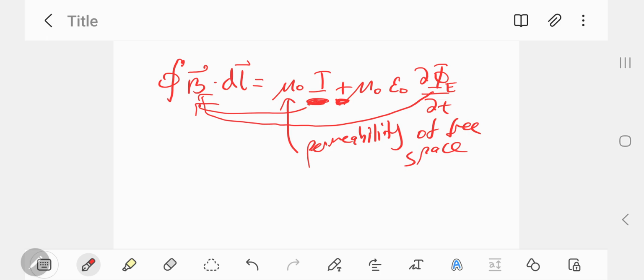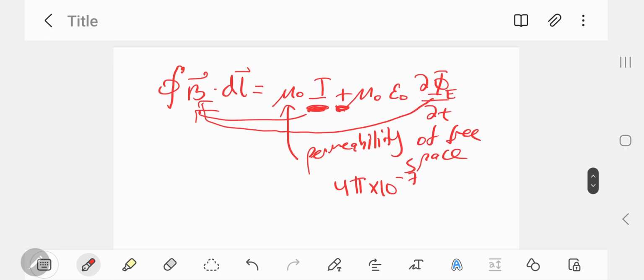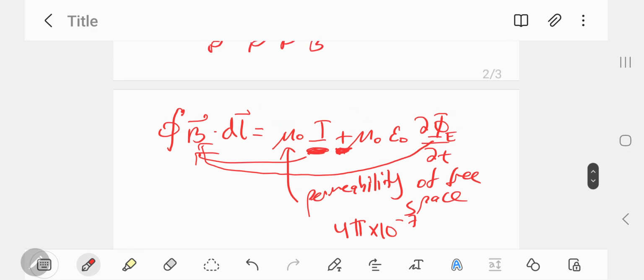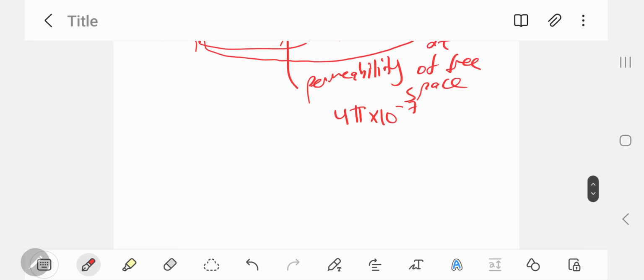It's basically a measure of the ability of a material to form a magnetic field. And it's expressed as 4 pi times 10 to the minus 7 on the HSC datasheet. So it's quite an equation there, but it simply tells you that I becomes B and E becomes B, to sum up basically.